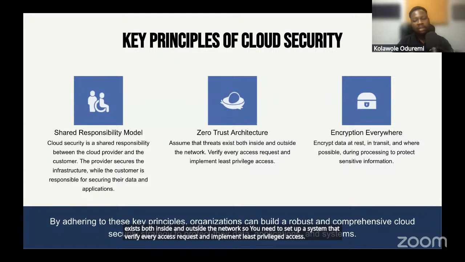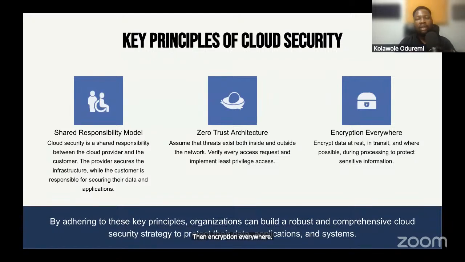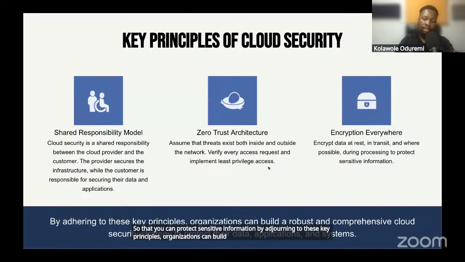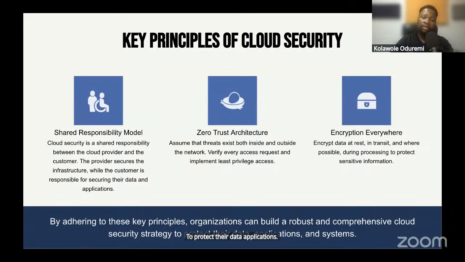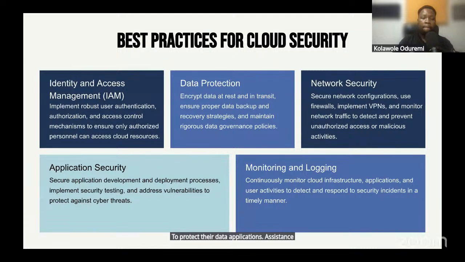Then encryption everywhere means encrypting everything, whether in transit or at rest, and everywhere possible, so that you can protect sensitive information. By adhering to these key principles, organizations can build a robust and comprehensive cloud security strategy to protect their data, applications, and systems.